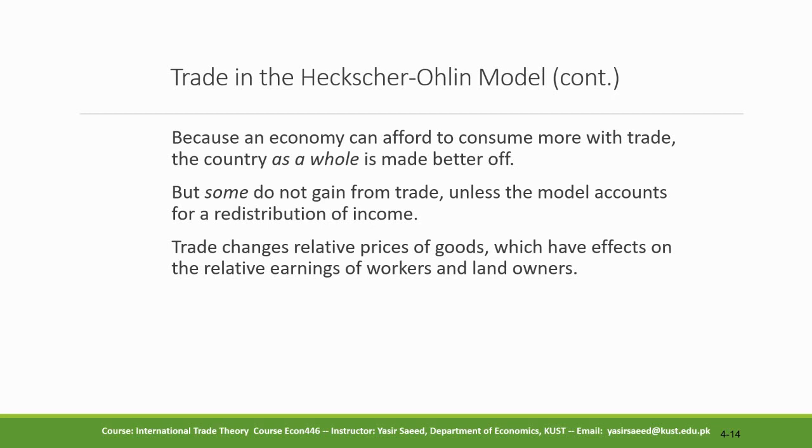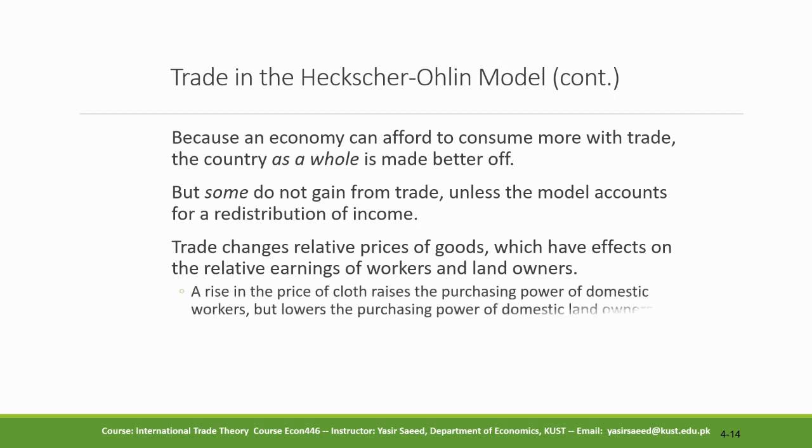When the prices change, then the factor allocation will also change for the reasons that we have discussed earlier. A rise in the price of cloth raises the purchasing power of domestic workers but lowers the purchasing power of landowners. Why?